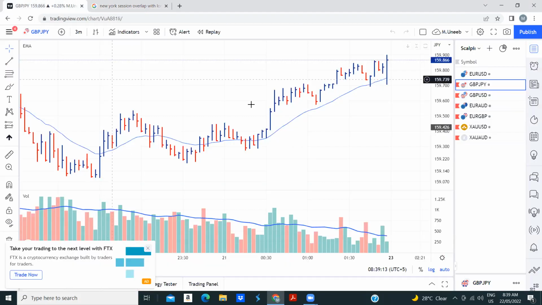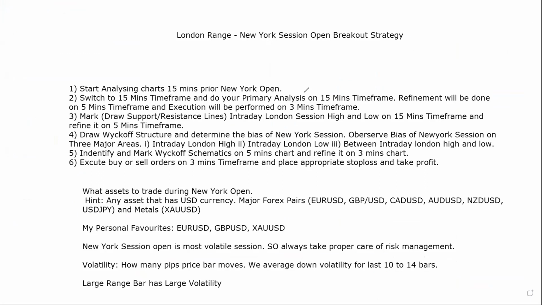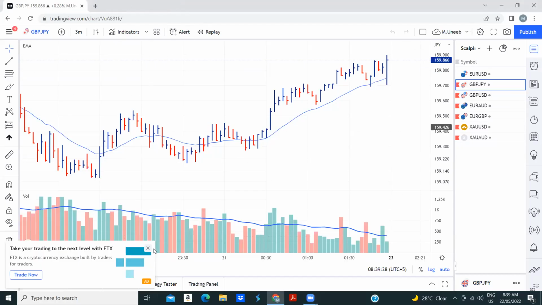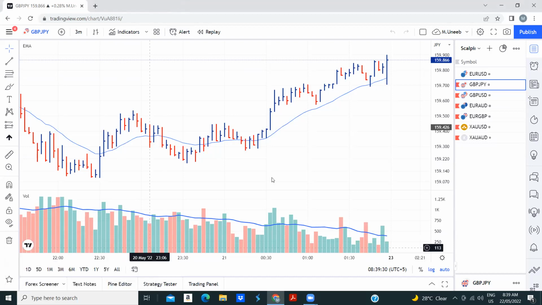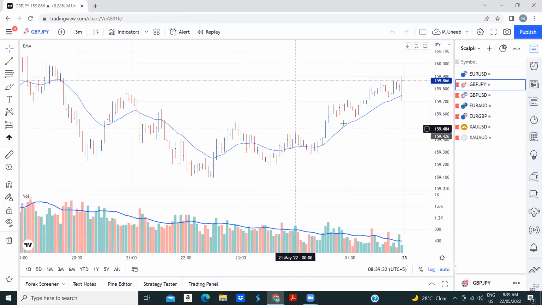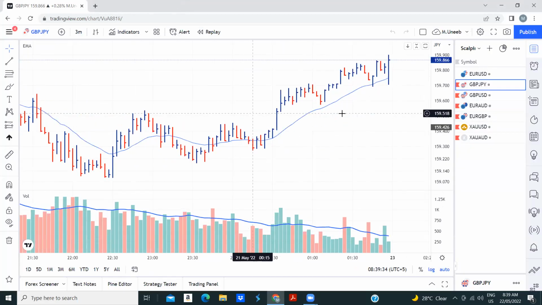Okay, so let's start now. Do you understand everything so far? So now we will start analyzing the chart. What kind of assets will I be analyzing? British pound, US dollar. So I will flag it.